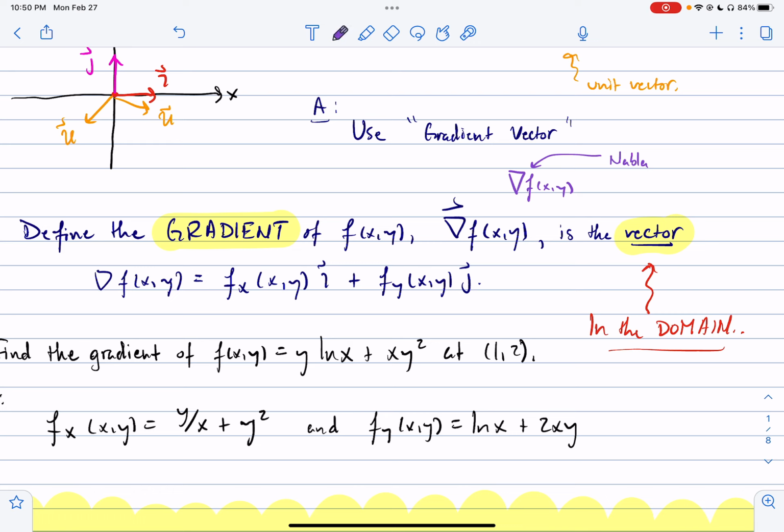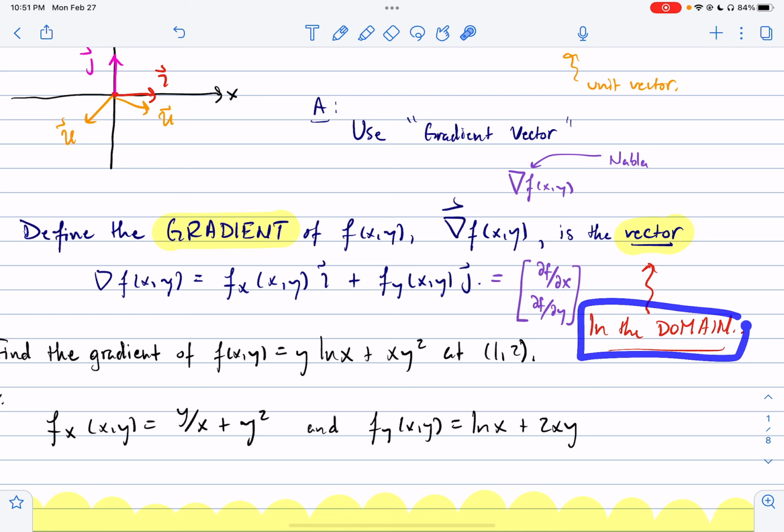Another way of writing this vector is you have the x partial derivative in the first component and the y partial derivative in the second component. And I'd like to point out that this gradient vector is a vector in the domain of f.